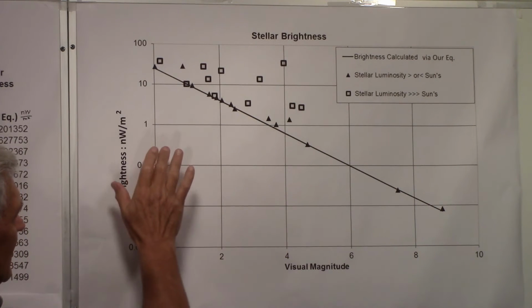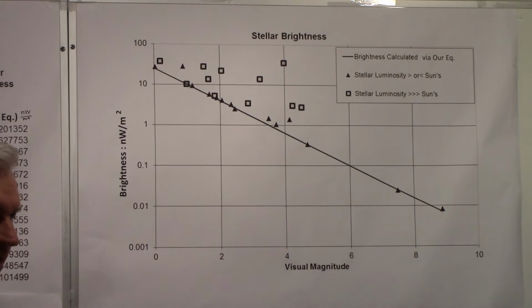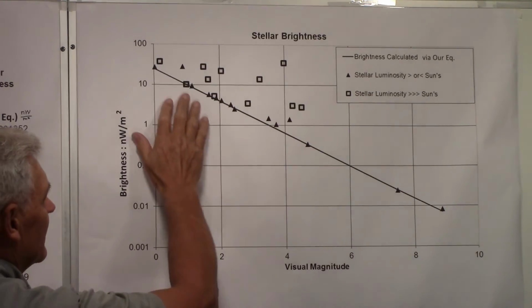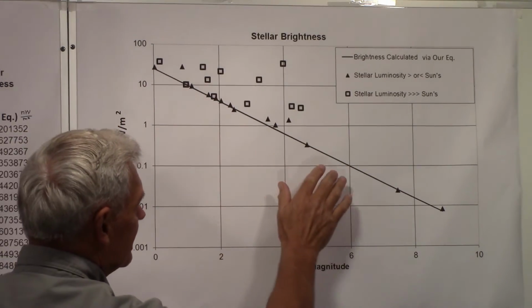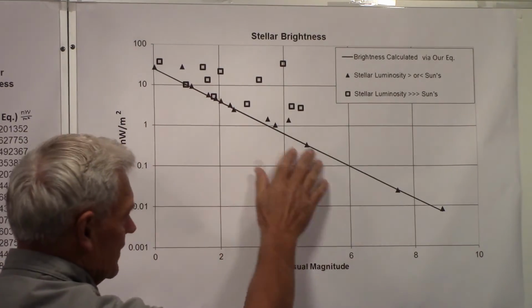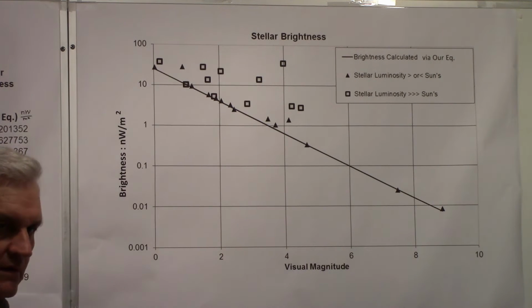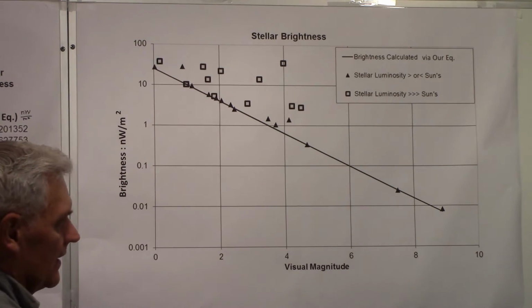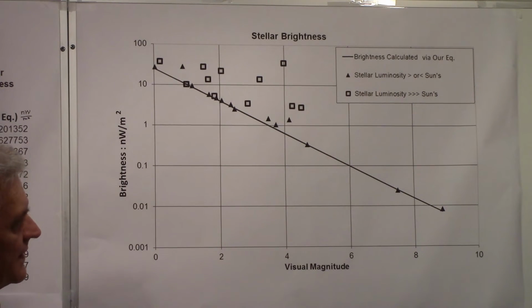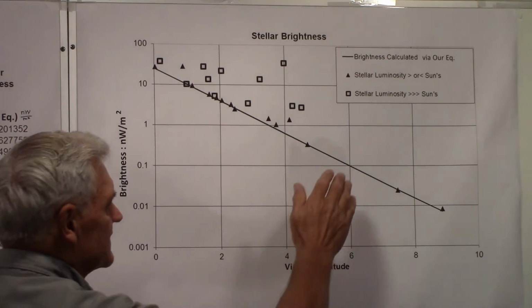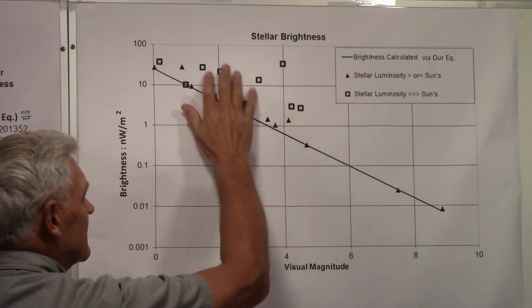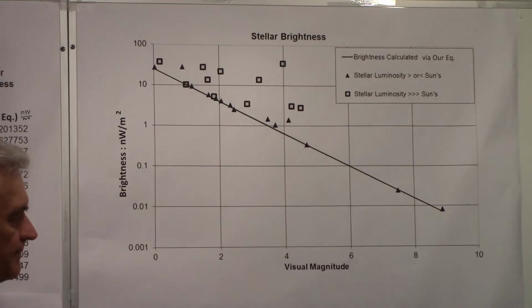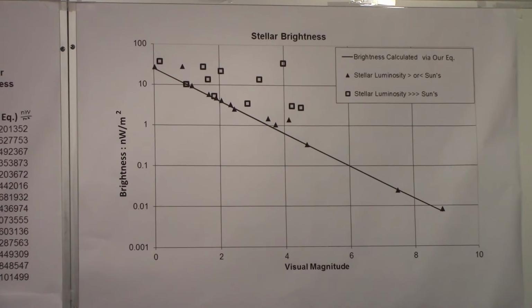And so I guess you could say that it's not too surprising then that stars that have a luminosity a little less than or greater than the sun's agree with the expression, but stars that have a luminosity much greater than the sun's do not. And so the agreement's pretty good.